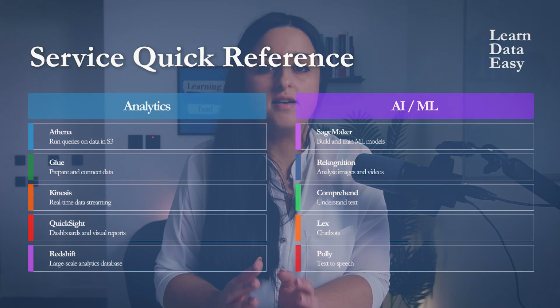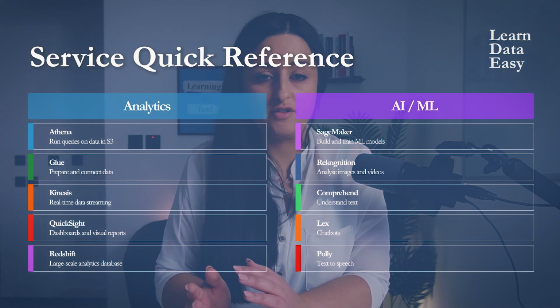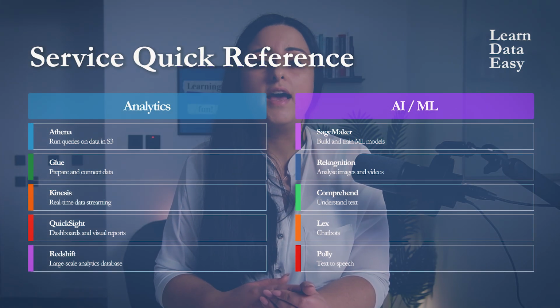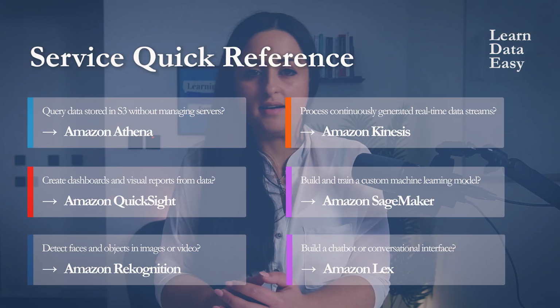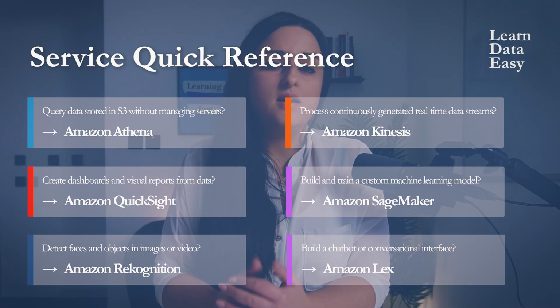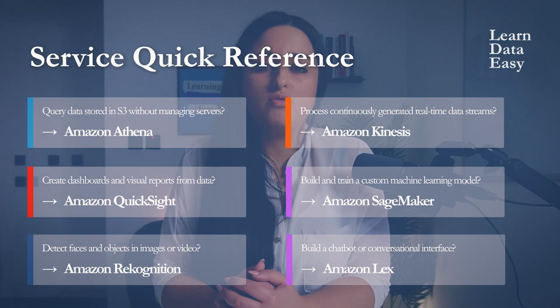You are not expected to build models, understand algorithms, or configure pipelines. You are expected to recognize service names, match services to general use cases, and know which services are analytics versus AI. For example, query data in S3, Athena. Real-time streaming, Kinesis. Build ML models, SageMaker.